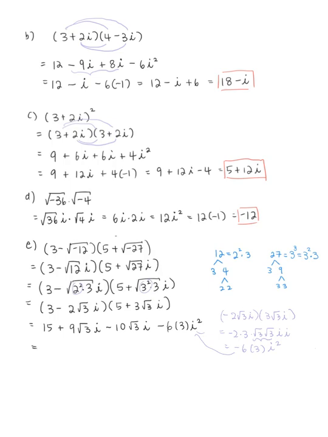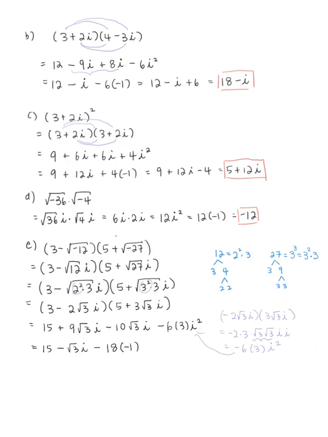So what do we got? So this is same thing as 15, and then we can combine plus 9 square root of 3i minus 10 square root of 3i. So that just becomes negative 1 square root of 3i. And then here, let's be careful here, we got negative 6 times 3, 18, i squared.